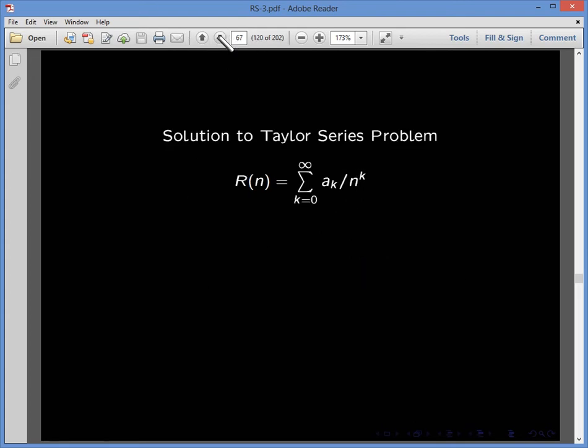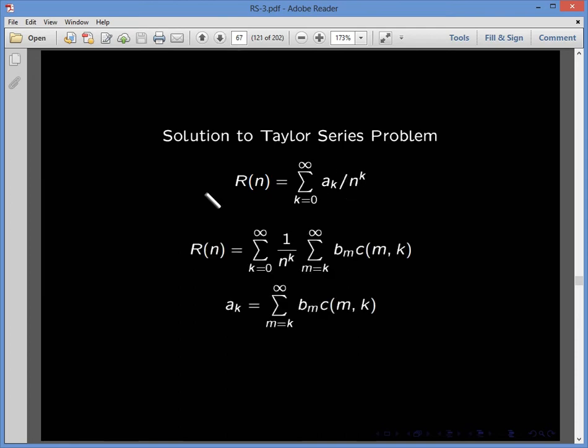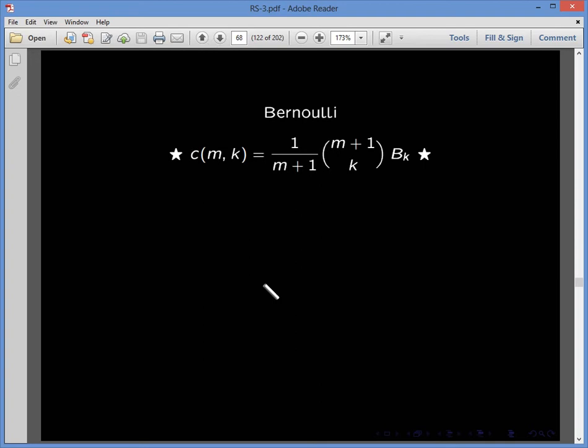Alright, so using that convergence part, I'm entering this a_k business there. So now that's our a_k. I'm emphasizing that we enter that shape, and we have to replace b_m with the C_mk. b_m came from the Taylor coefficient of f. C_mk came from the Faulhaber coefficient. Faulhaber's coefficient is beautifully described by Bernoulli using the Bernoulli numbers.